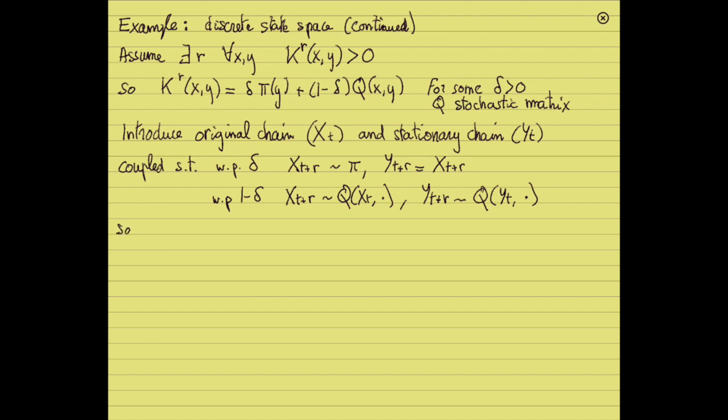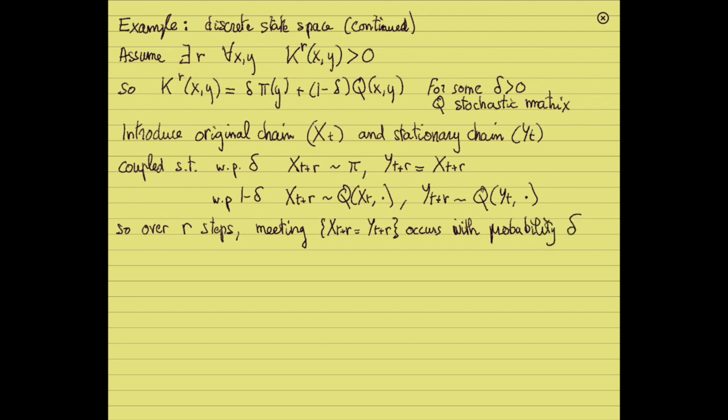And because of the representation of K to the R above, this is exactly like sampling from K to the R, the original Markov kernel, over R steps. But sampling this way, we have a delta probability of observing a meeting, X_{t+R} equal to Y_{t+R}.